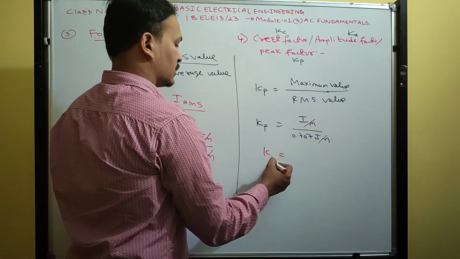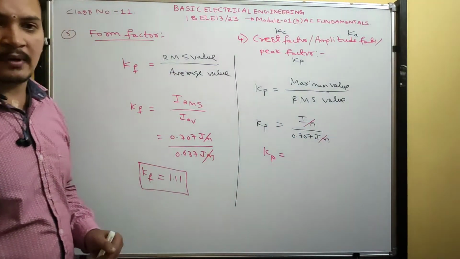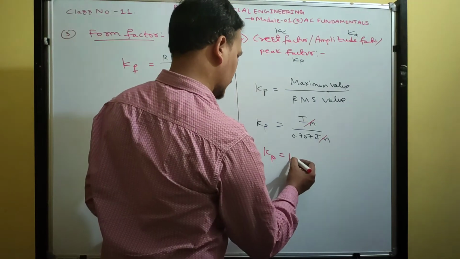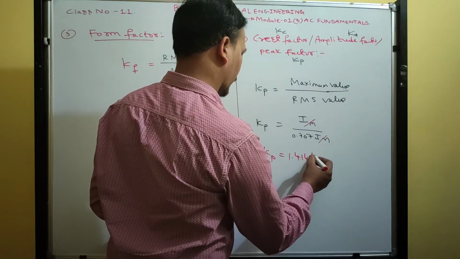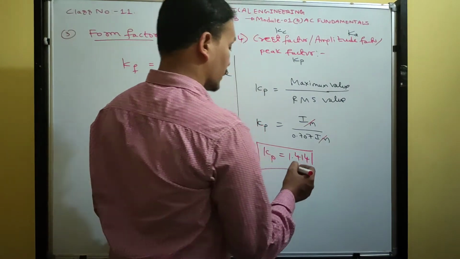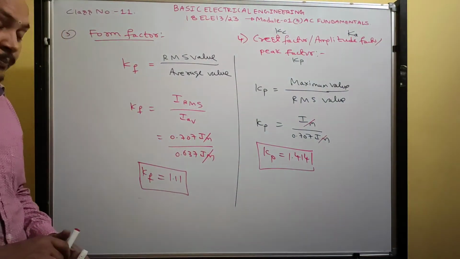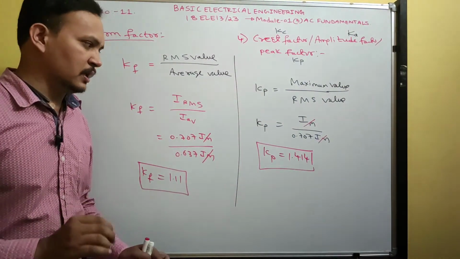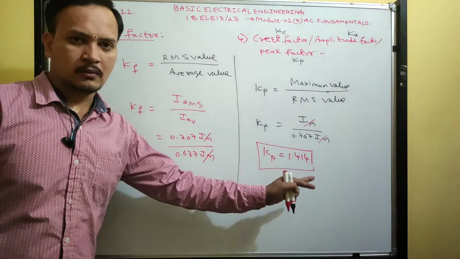Do it in the calculator, 1 by 0.707. How much do you get? Yes, 1.414. So the peak factor of a pure sinusoidal waveform is 1.414.